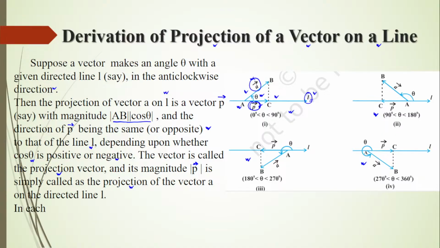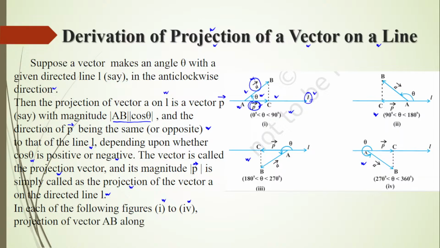So projection means the magnitude of the projection vector on the directed line L. In each of the following figures 1 to 4, projection of vector AB along the line L, the directed line, is vector AC. Hope there is no problem to understand the written statement as well as the figure related to the projection of a vector on a line.